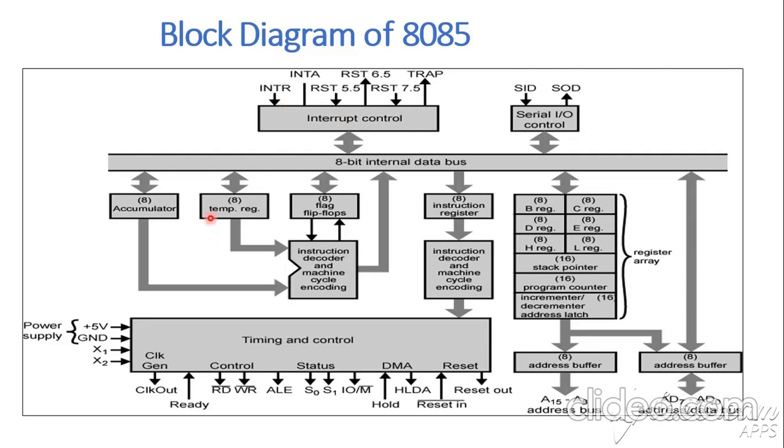So the 4 units: processing unit, which comprises the arithmetic logic unit, flags, temporary register and accumulator. Then instruction unit consists of instruction register, decoder and timing and control. Then storage and interface unit consisting of general purpose registers, stack pointer, program counter, address bus and data bus. Then interrupt and serial input and output unit. So these are the main units of the 8085 microprocessor.